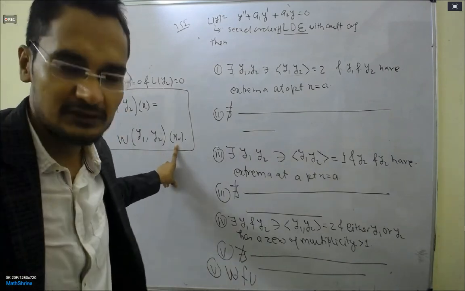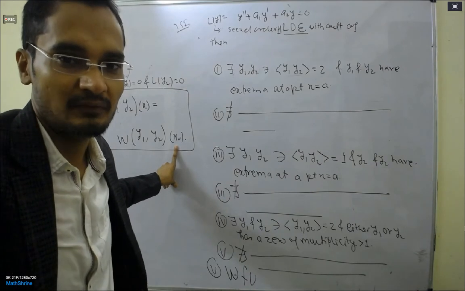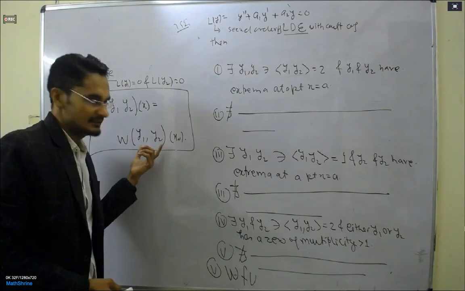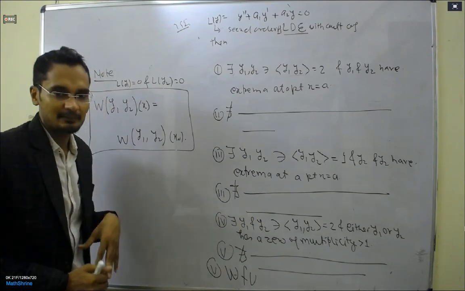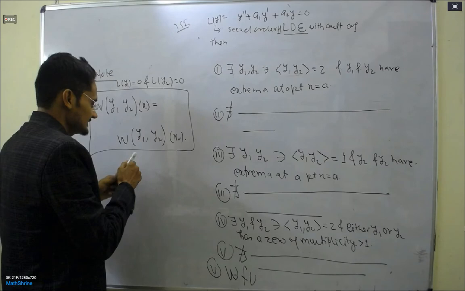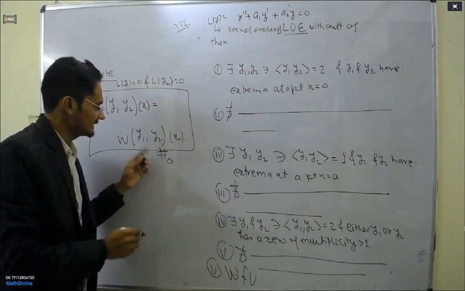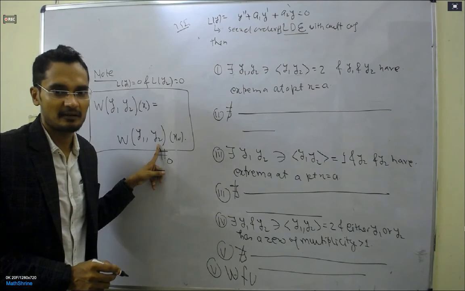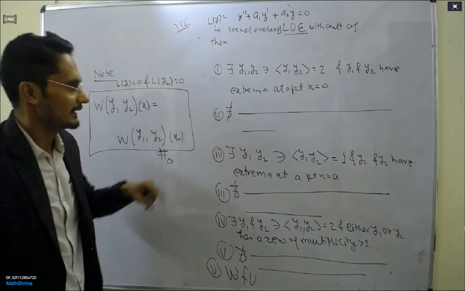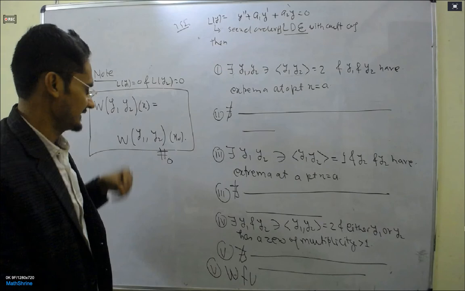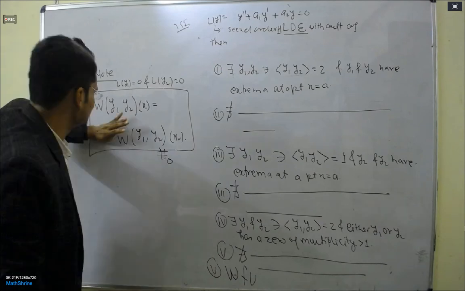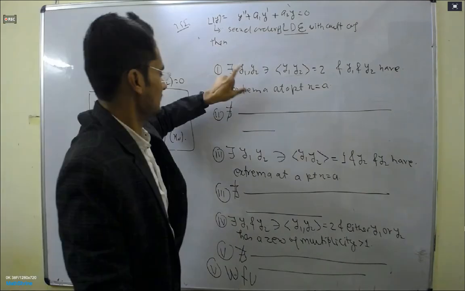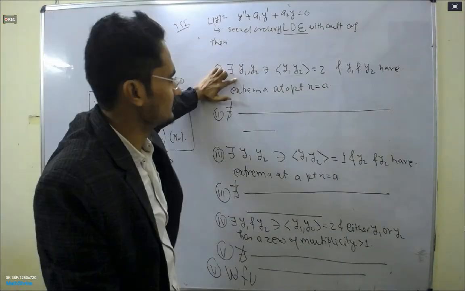Suppose the first result is true: the dimension of this linear space is 2. This implies that y1 and y2 are linearly independent. Very nice. And y1 and y2 have extrema at the point x equal to a. If y1 and y2 both have extrema, the preliminary definition of extrema gives the first condition: if y1 and y2 are differentiable, then their derivatives must be 0 at x equal to a.